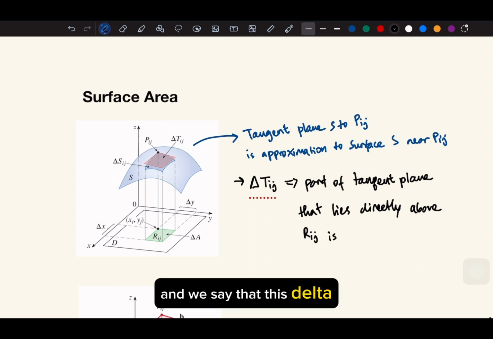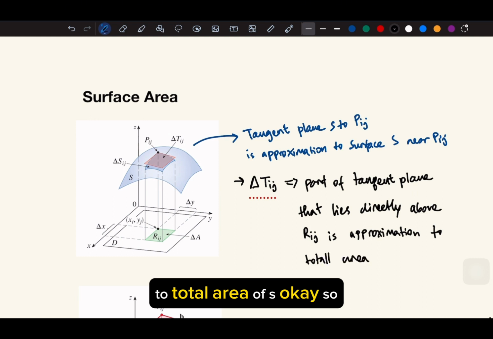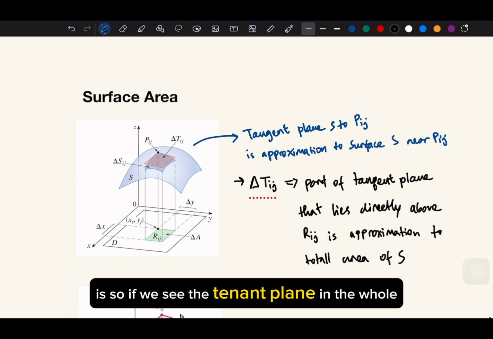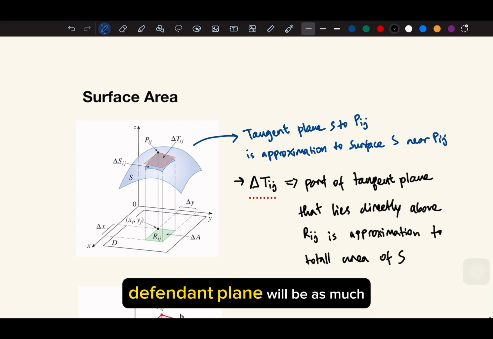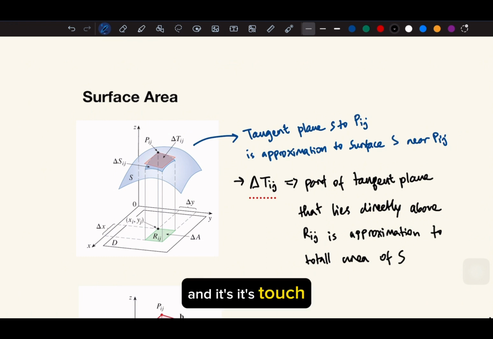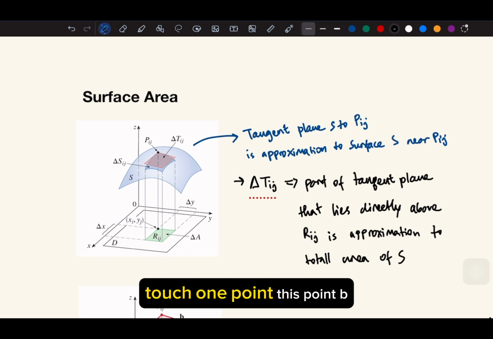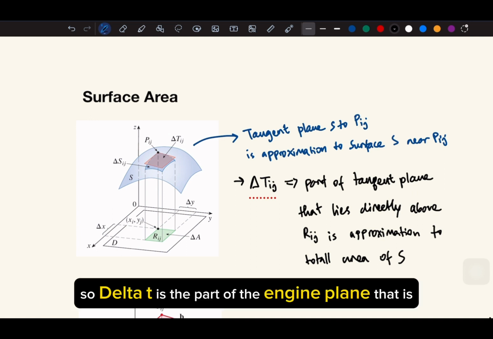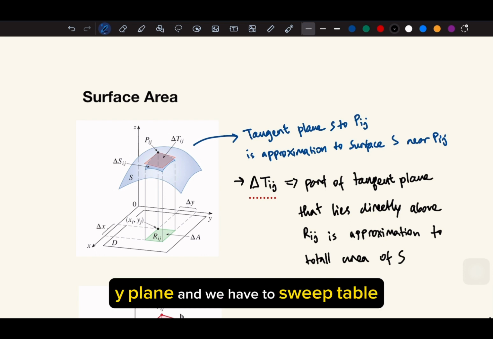And we say that this delta T is an approximation to the total area of S. If we see the tangent plane as a whole, it touches one point, this point P. Then we take some small part from the tangent plane, and we say this is the delta T. Delta T is the part of the tangent plane that is projected onto the xy plane, and we have this rectangle.